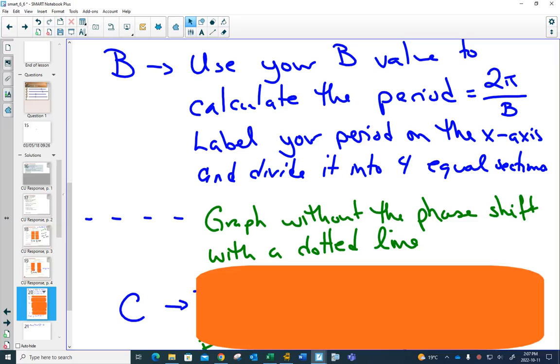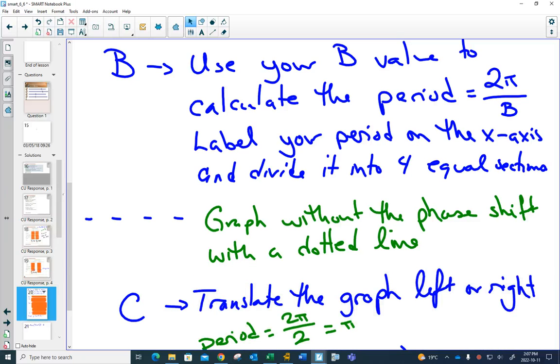So you thought the dash was just there so it sounded better, DABC, and you wouldn't get confused with debit? No, it actually means something. You need to graph without the phase shift with a dotted line. Then finally, the c value. Translate your graph left or right.